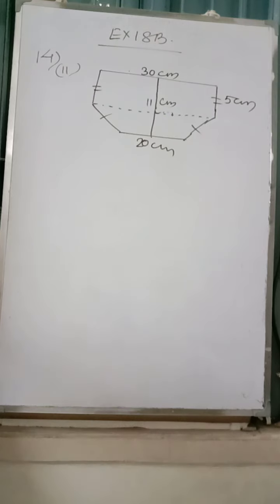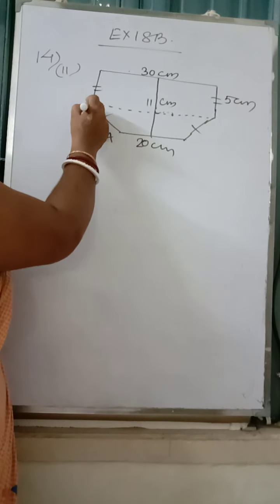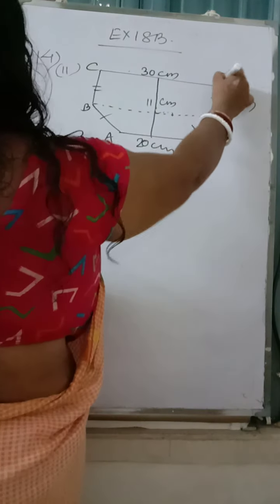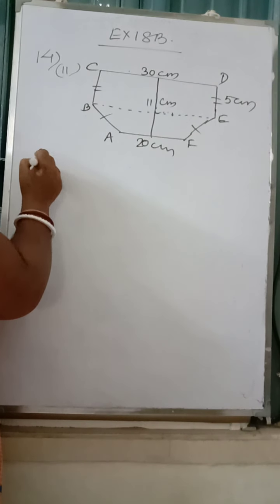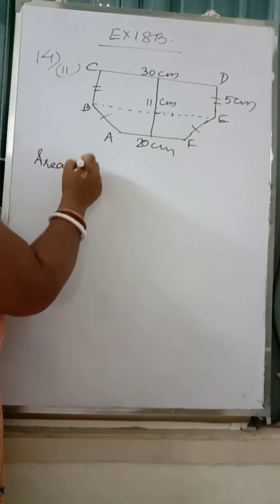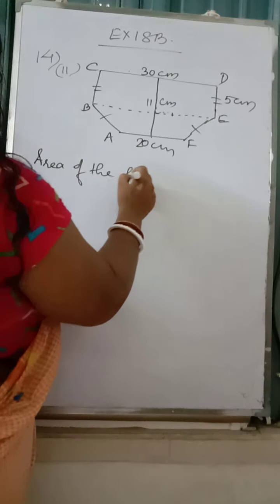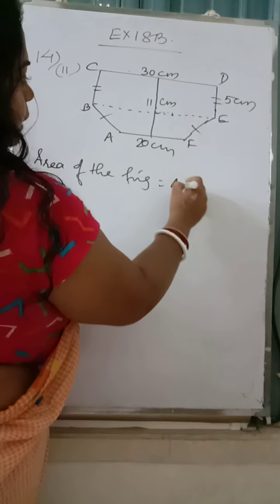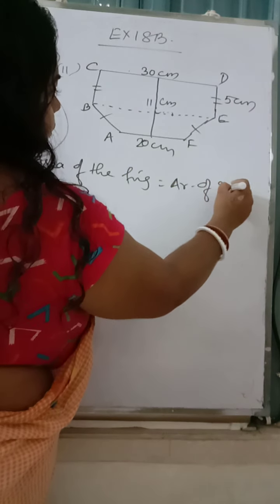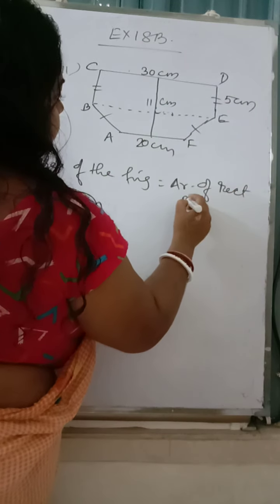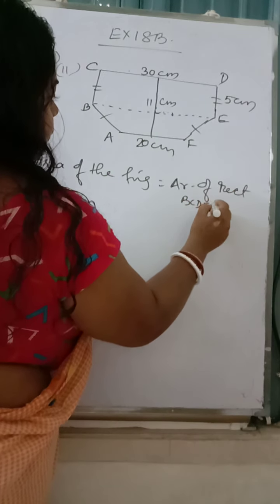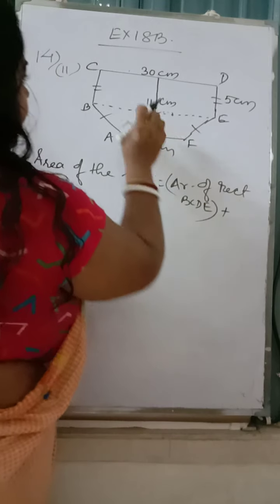Now, if I have joined this line, then the points are given A, B, C, D, E, F. So the area of the figure will be equal to the area of rectangle BCDE plus the area of this trapezium.